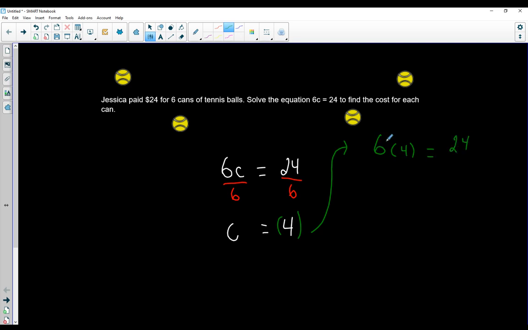So we'll take a look. 6 multiplied by 4, yes, is 24. And my left side equals my right side. So therefore, I know this question is correct. So my word answer would be that Jessica paid $4 for each can of tennis balls.